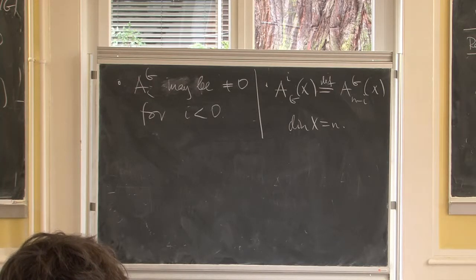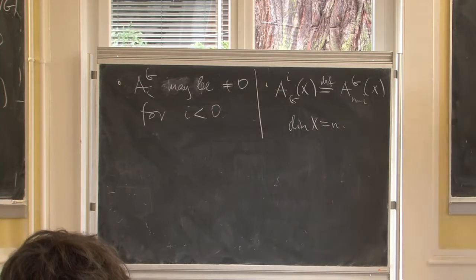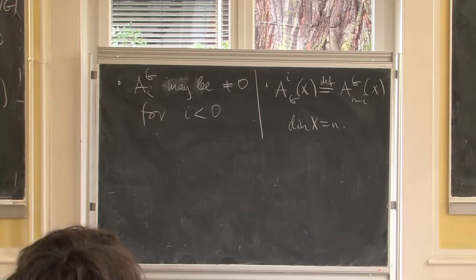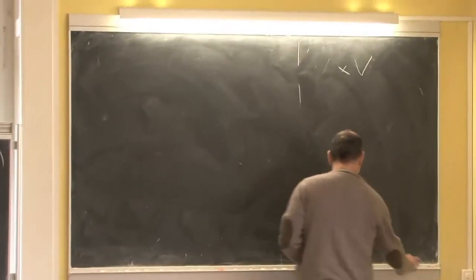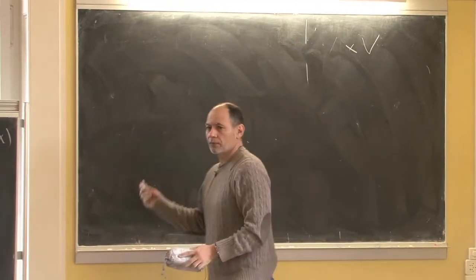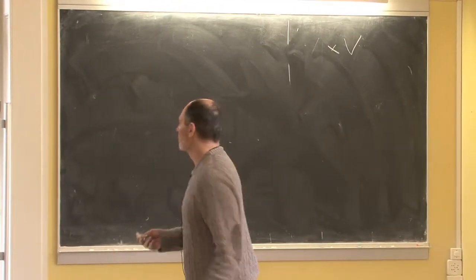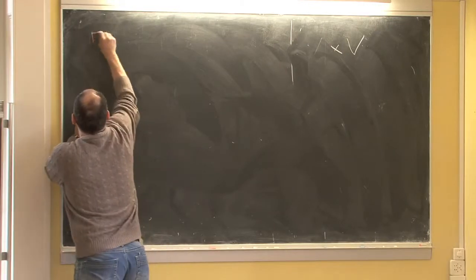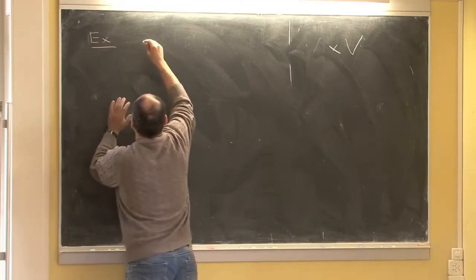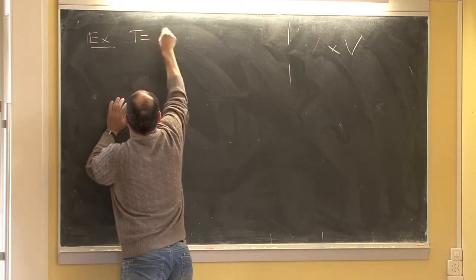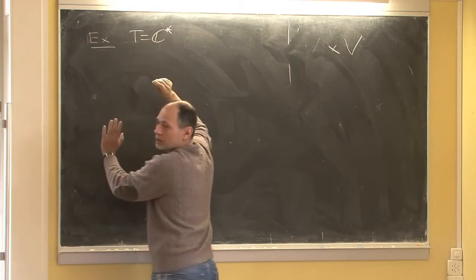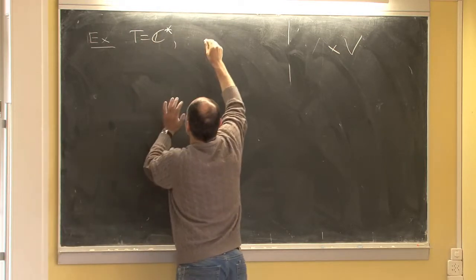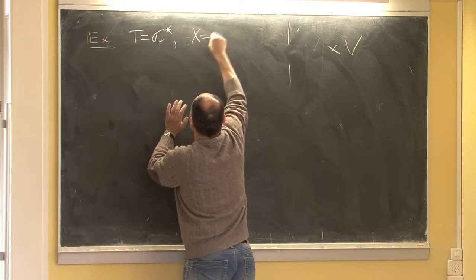Now let's just get to our most basic example already. So say, as I said, this is already pretty interesting if you just have C star, and that's kind of strange, yes, and then X is just a point.